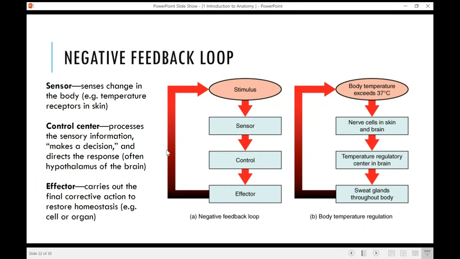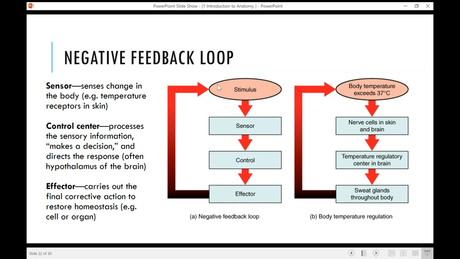So let's say it's raised up, it's got really hot outside, so it's up at 75. So that's going to turn on the compressor and it's going to start cooling down the temperature. And then when we get back to 72, we're going to turn off the compressor, right? And so that's that negative feedback loop. When we get back to our normal point, we turn it off. We turn off the change.